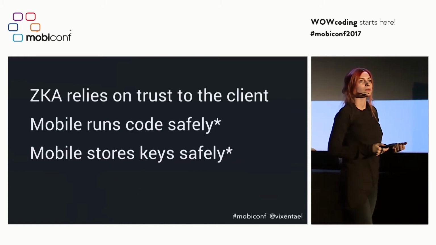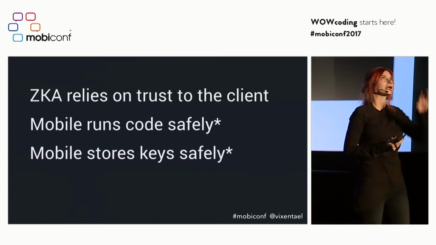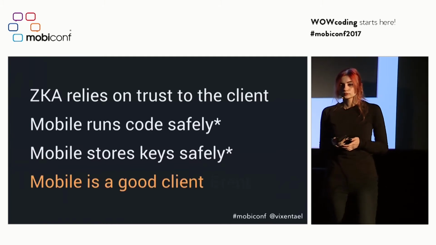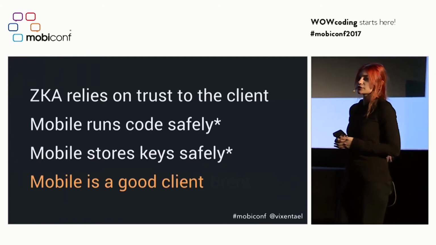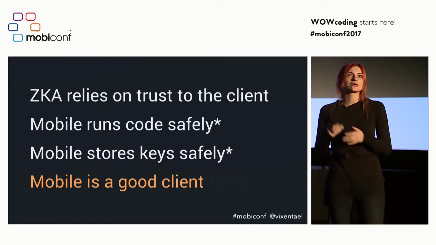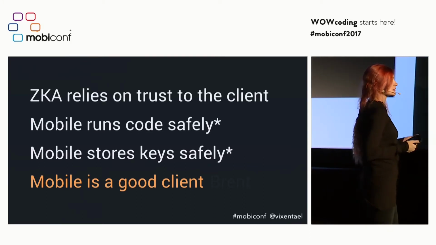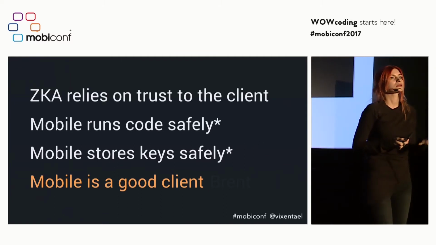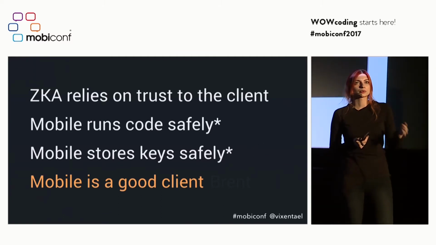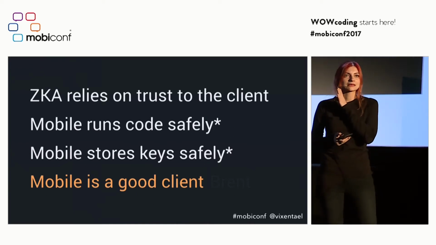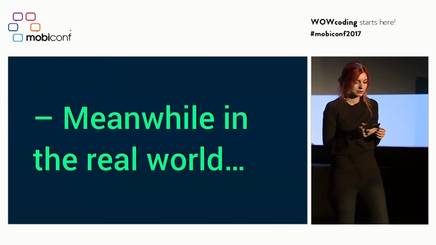Increasing the risks and making all our encryption practices quite useless. However, people are interacting with data on our devices, and we are the best people to implement zero-knowledge architectures to protect our users and their data. Mobiles are good clients, right.